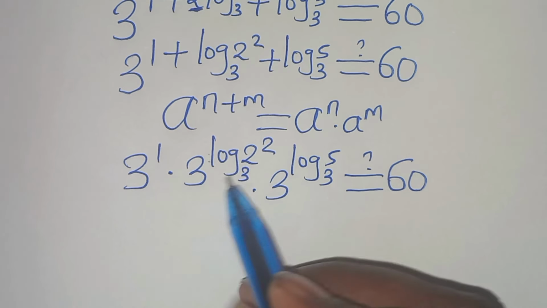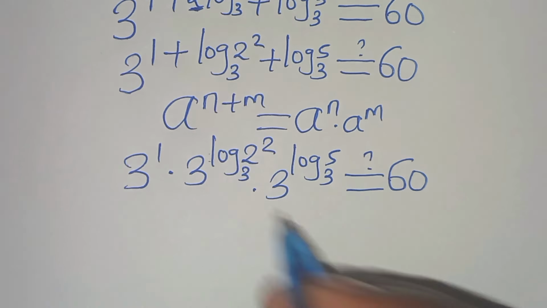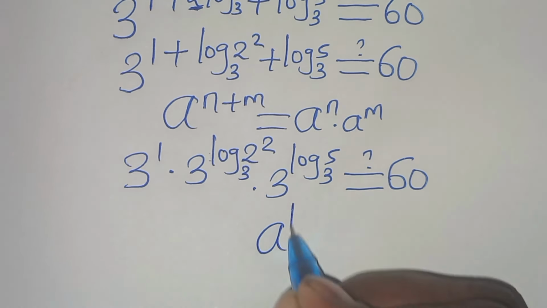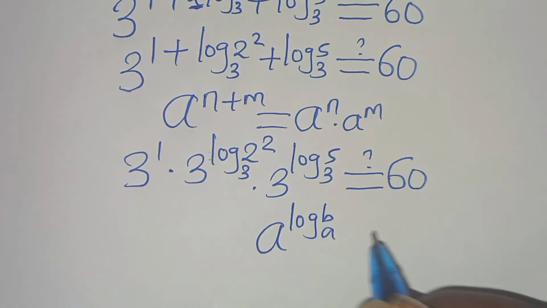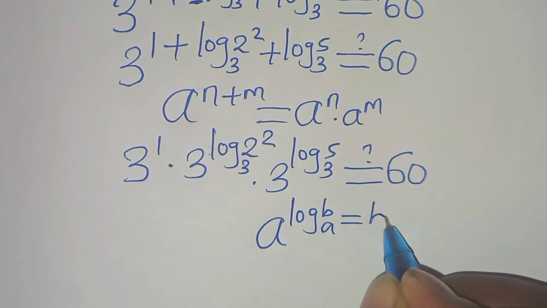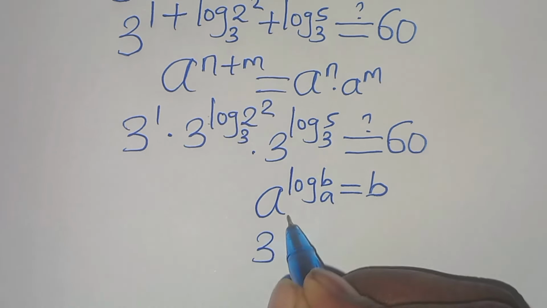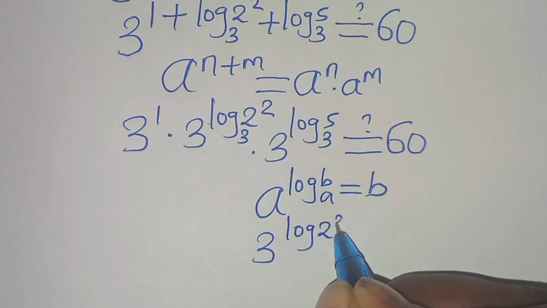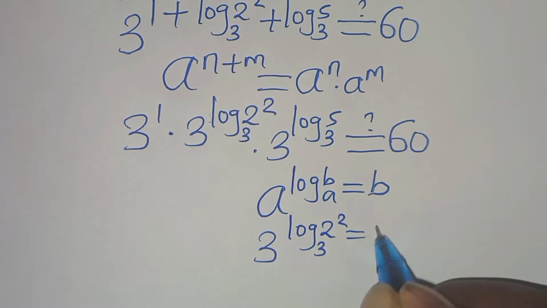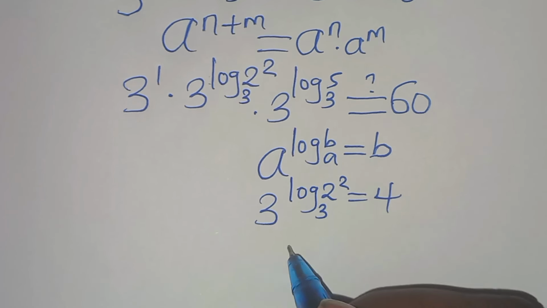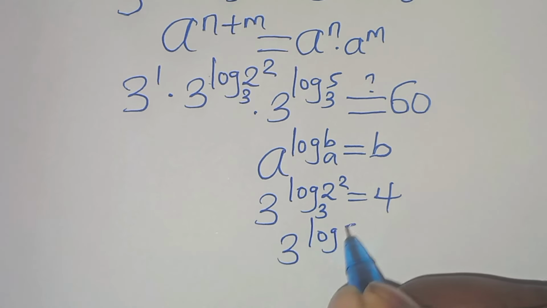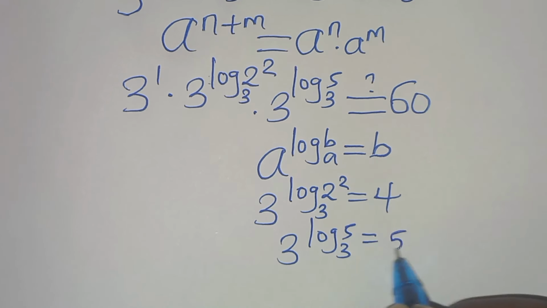So 3 to the power of log 2 squared to base 3. This is in the form of a to the power of log b to base a, which is supposed to give us a value of b. So this implies that 3 to the power of log 2 squared to base 3 is the same thing as 4. And we have that 3 to the power of log 5 to base 3 is equal to 5.